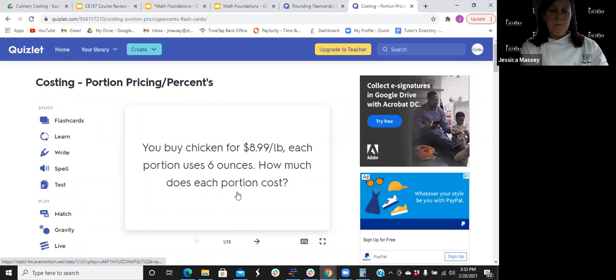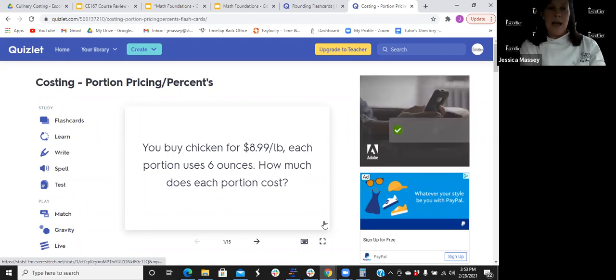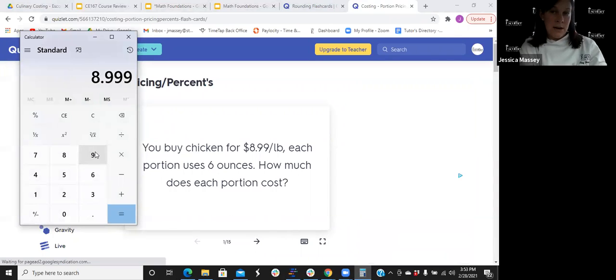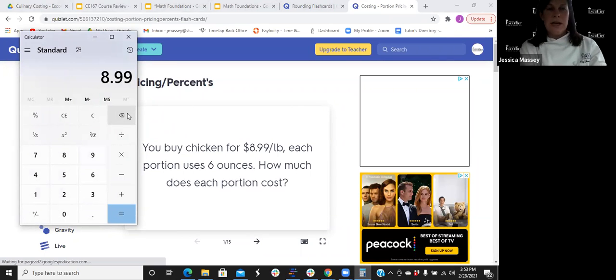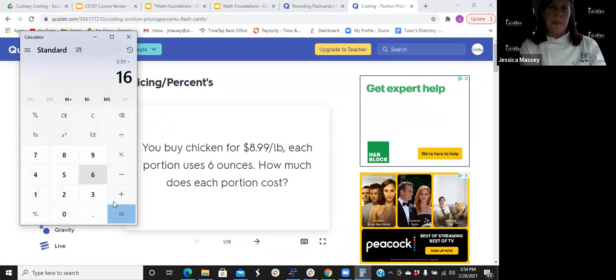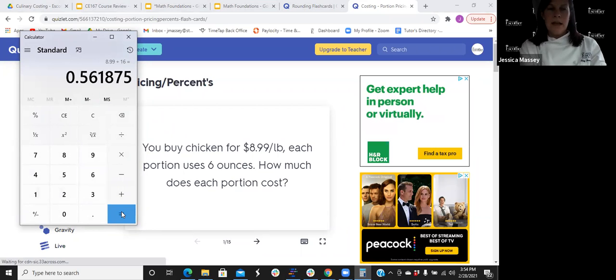So our first step would be to find out that $8.99 is in 1 pound, and we know there's 16 ounces in 1 pound. So $8.99 divided by 16 equals 0.561875. So that's how much our chicken costs per ounce.